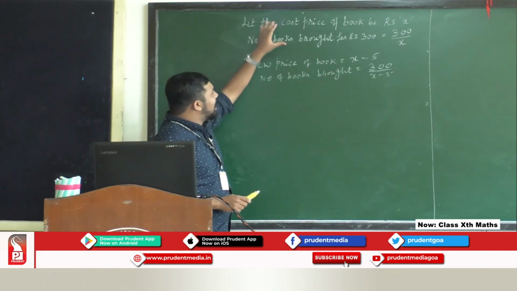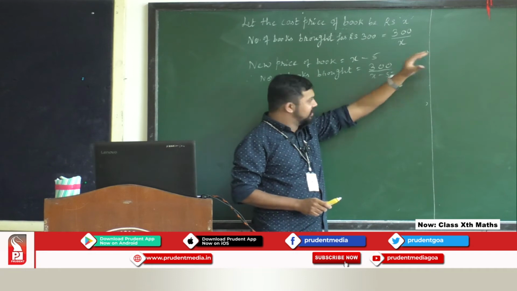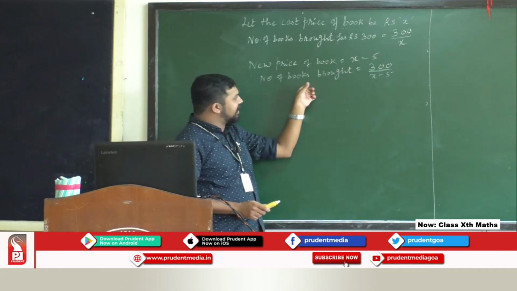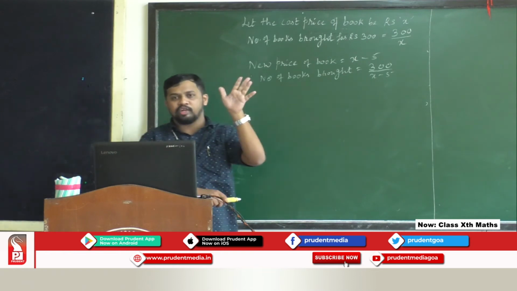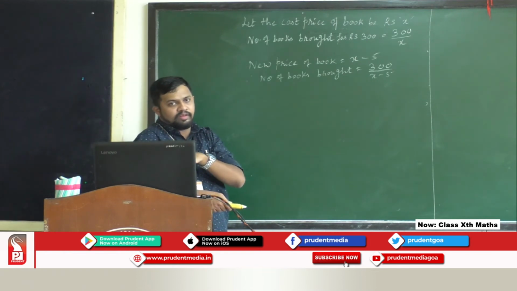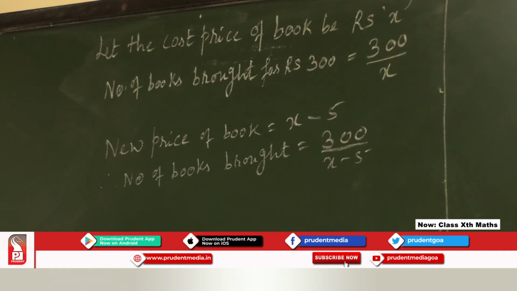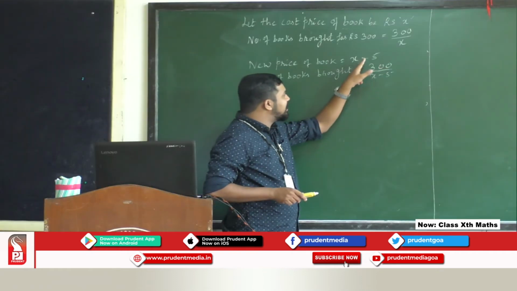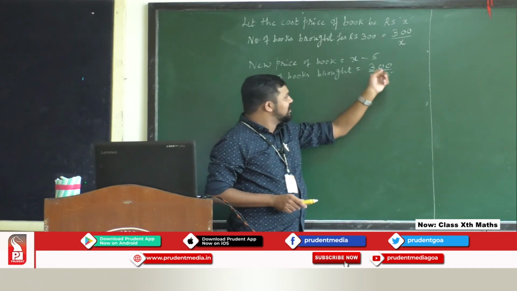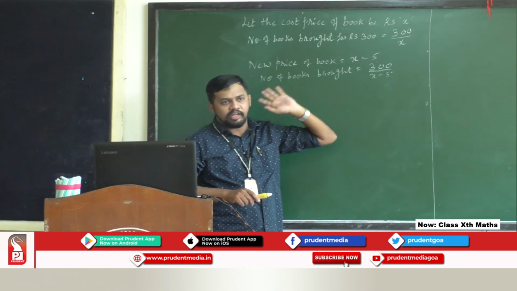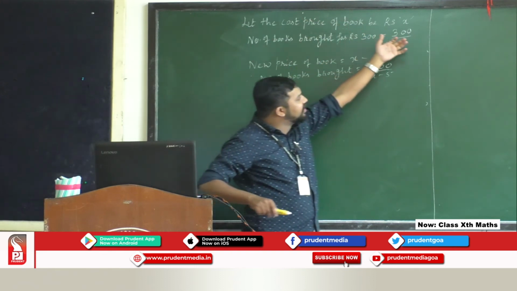For this price, I can buy 300 by X, and for this price of book, I can buy 300 by X minus 5. Now you know, if the price of book is reduced, obviously you will get more number of books, or you will get maximum number of books. That means this quantity will be maximum as compared to the previous one. So maximum means what sign will come? It will come positive.